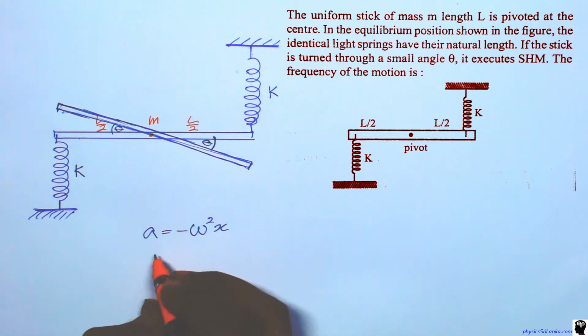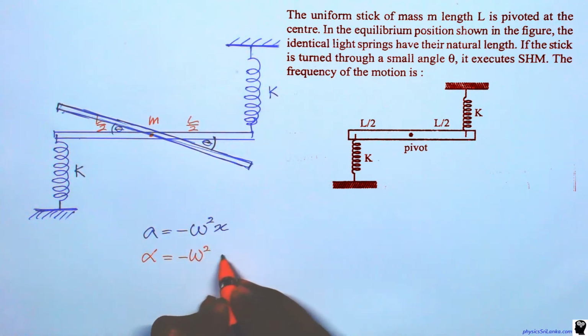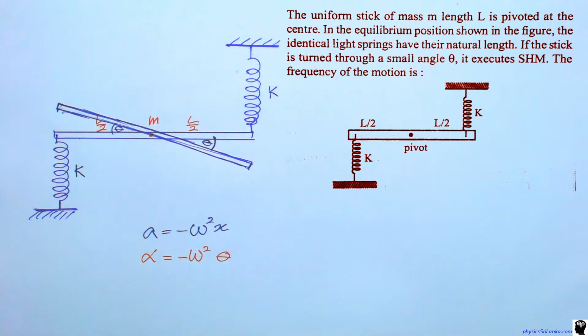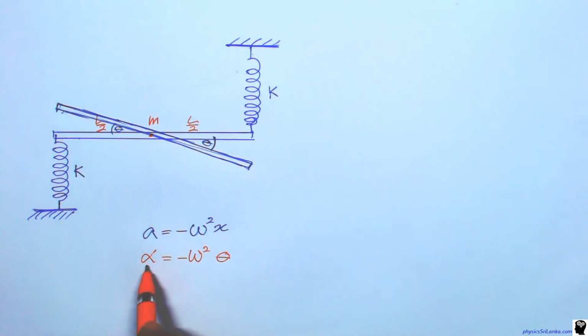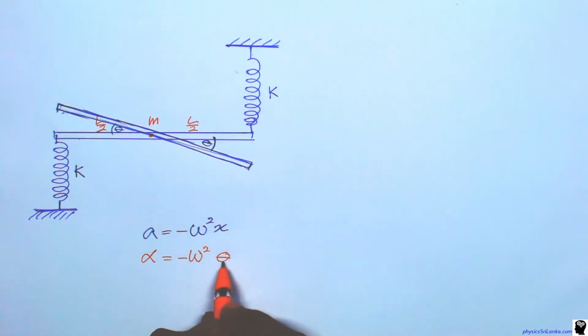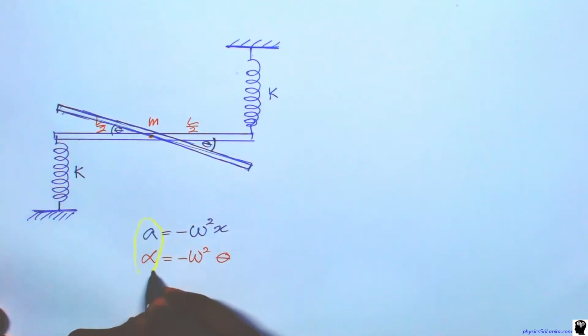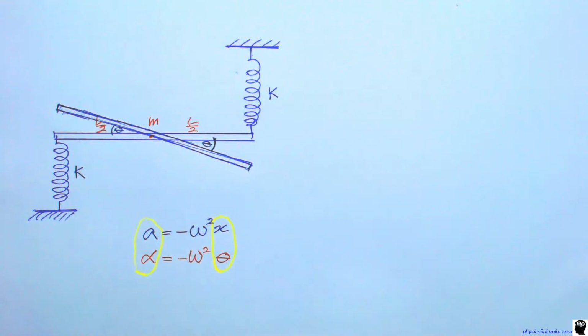Like this, in rotation, alpha equals minus omega squared theta. We will be trying to find this relation. This is linear acceleration and this is angular acceleration, equals minus omega squared, which is the constant value. This is linear displacement and this is angular displacement.